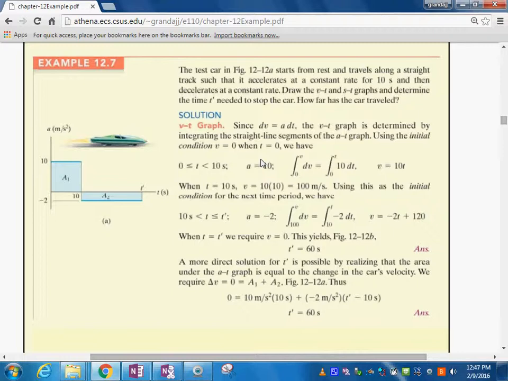And using this as the initial condition for the next period, if a is equal to -2, the integral between 0 and 100 is -2, and the velocity is minus 2t plus 120.